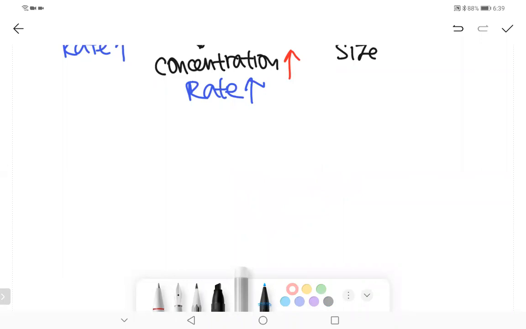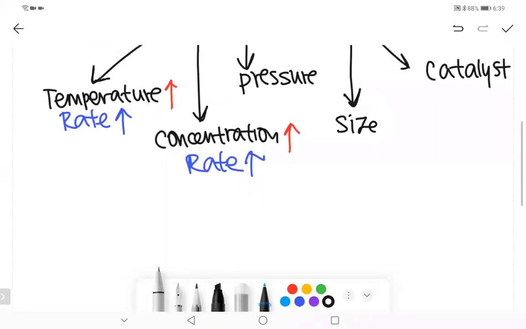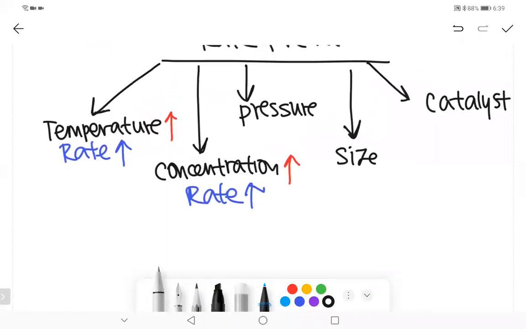The third one you need to know is called pressure. Pressure only works for gas. Liquid and solid, they won't ask about pressure when you come to chemistry. In chemistry, pressure always focuses on gas only.